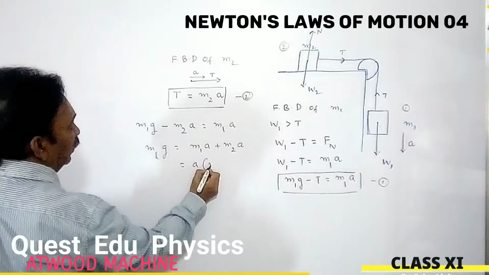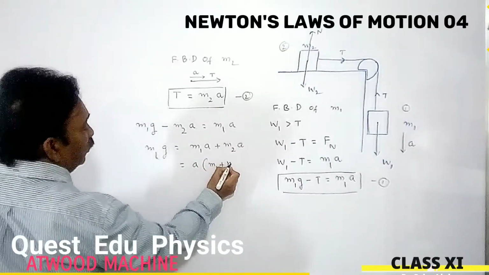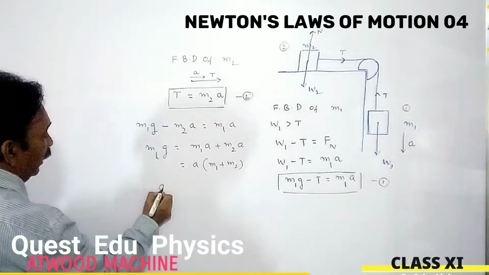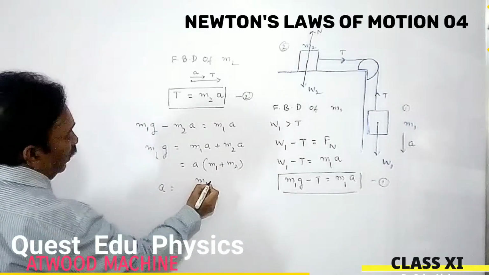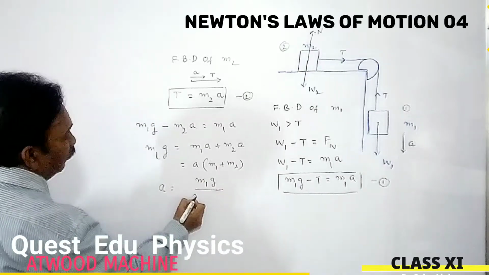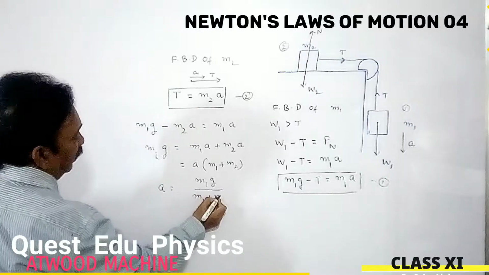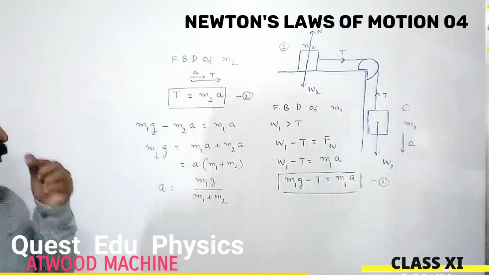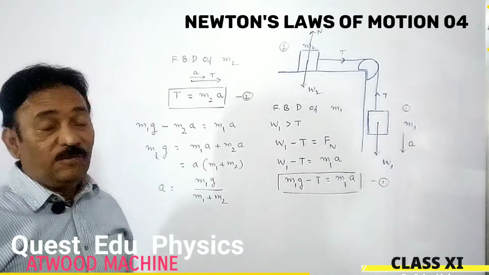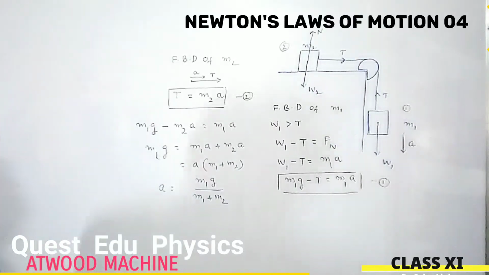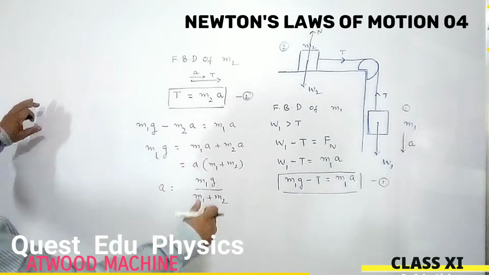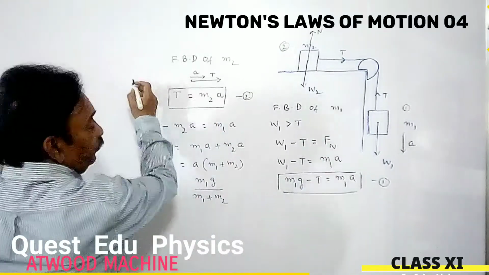A of M1 plus M2, or A is equal to M1G by M1 plus M2. It's a way to find the acceleration. Okay, here we got the acceleration.